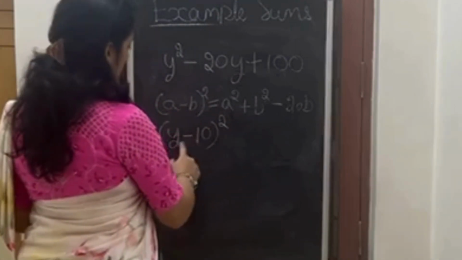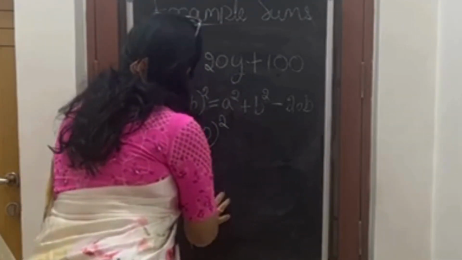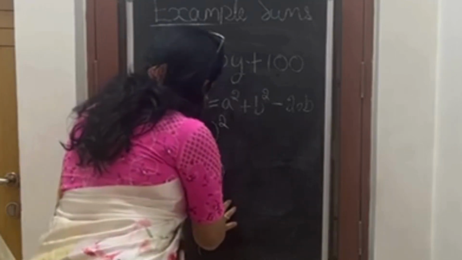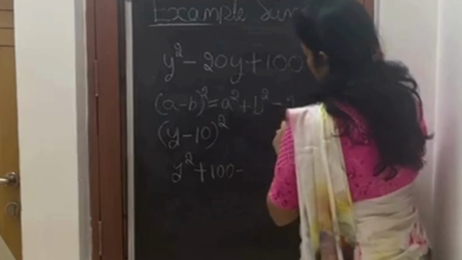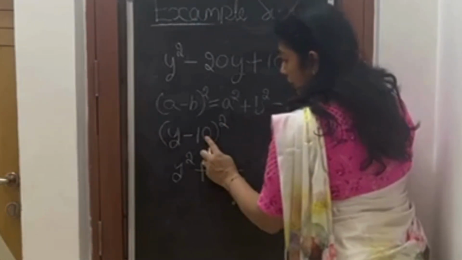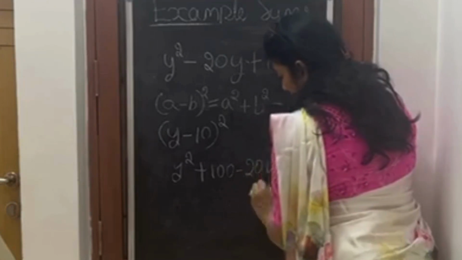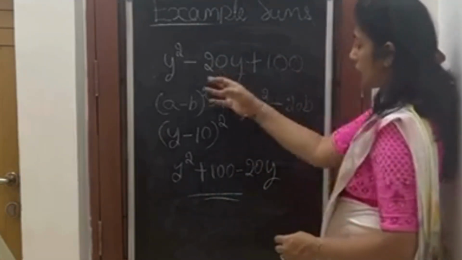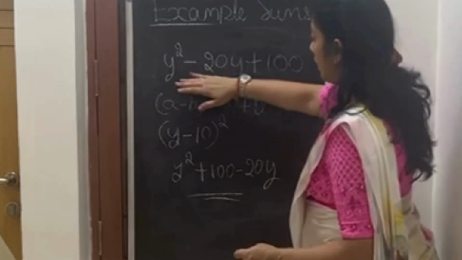Let me do and see this. So y square plus 100, then minus 2ab. So that is 2 into 10 is 20 into y. So minus 20y. This is what I have for the question. The question was I have to factorize this.